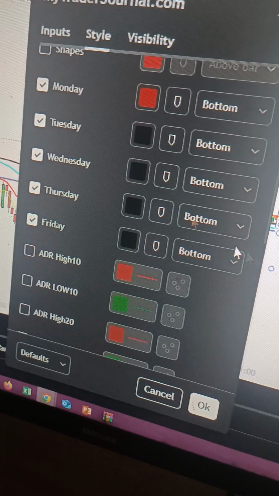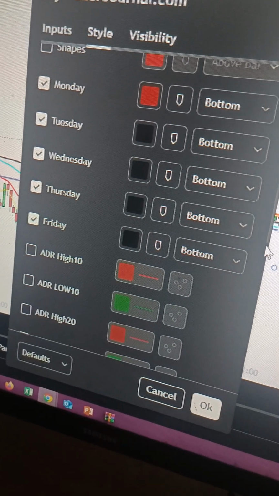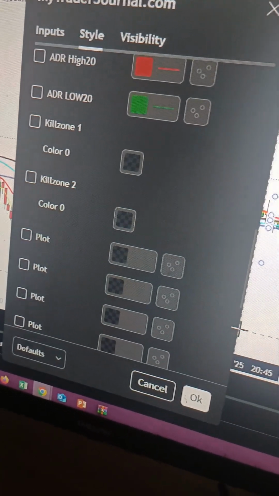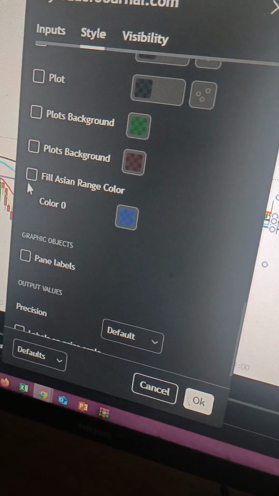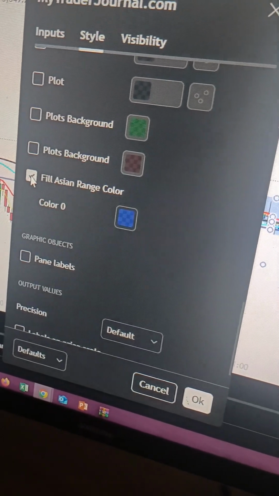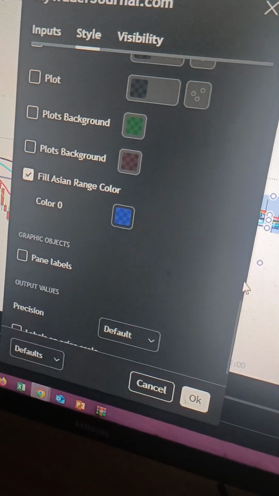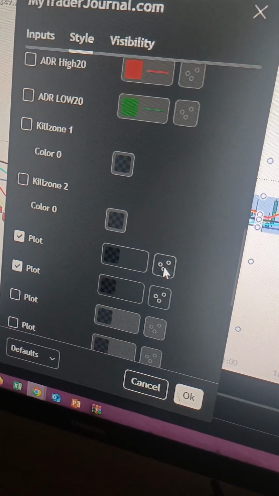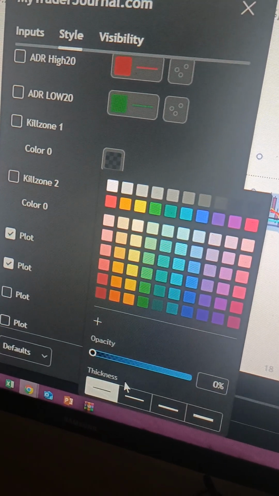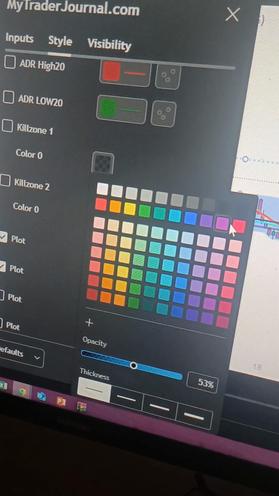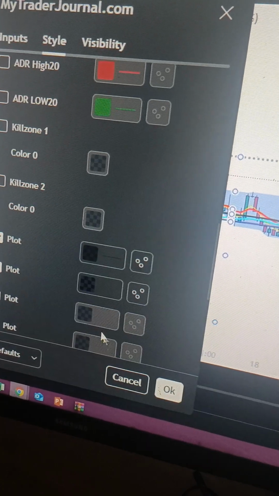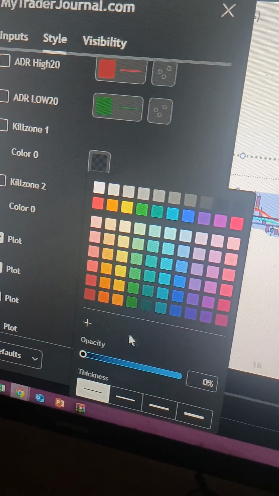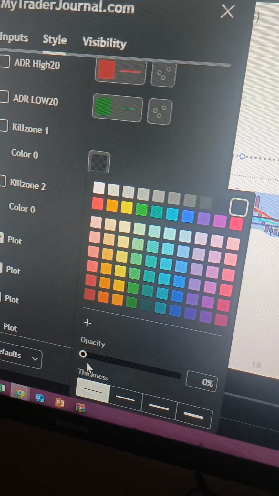So we have the days of the week here. The only thing I want to set up is this one. The others, there's something else. These ones are the previous day high and low, which are very important, and I'm going to tell you how we are going to use them. I would prefer black for it to be visible to you. Let's use black.